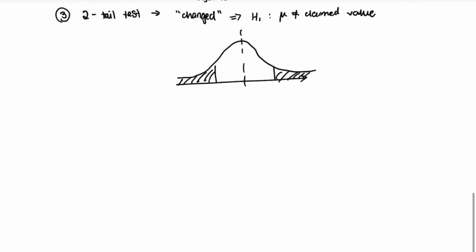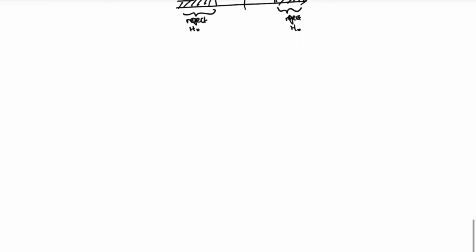So then comes the question, how do we find this region? It is very simple. You just need to use the inverse norm technique. This is all calculated already. So in order to find the shaded region, simply use your inverse norm on the calculator, and you'll be able to find it.